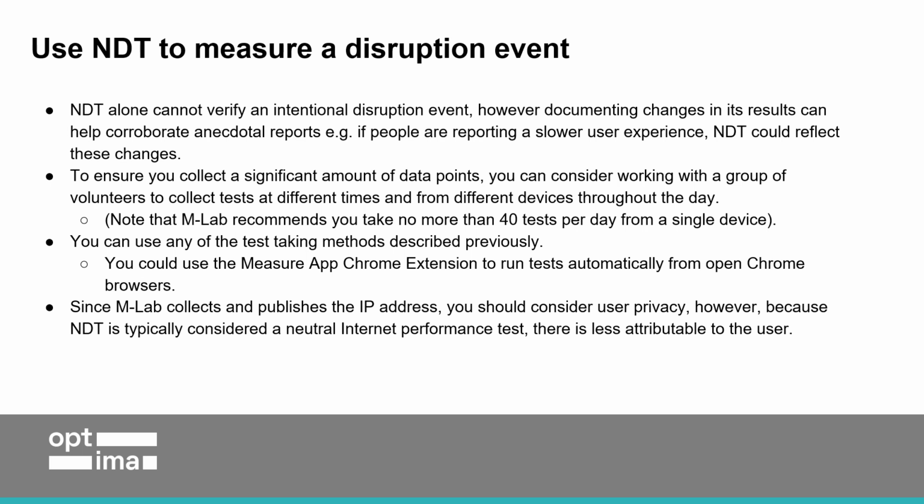So if other data sets or other journalists' reporting is telling us that there could be intention, this helps back it up. And a graph I'm not showing is, you could also look at the change in performance, and these could reflect throttling. So you could use those queries that we went over before to take a look at how the performance is decreasing across time, across a political event. And NDT would be able to reflect a change in performance.